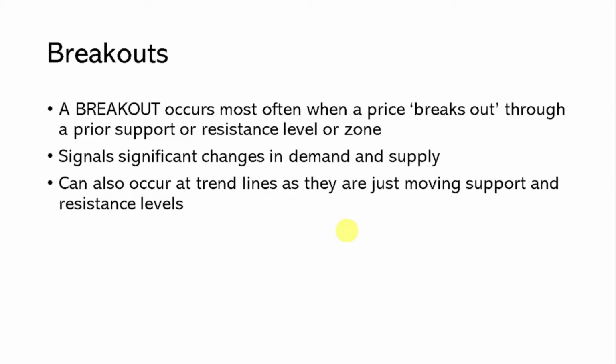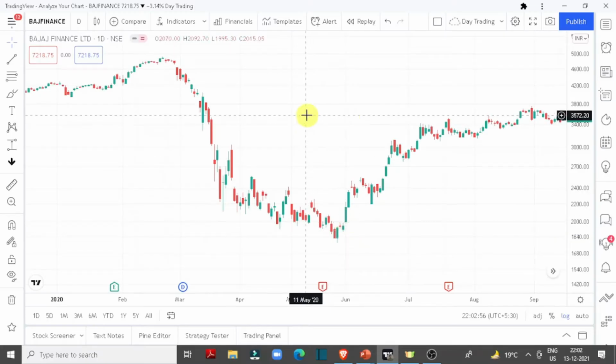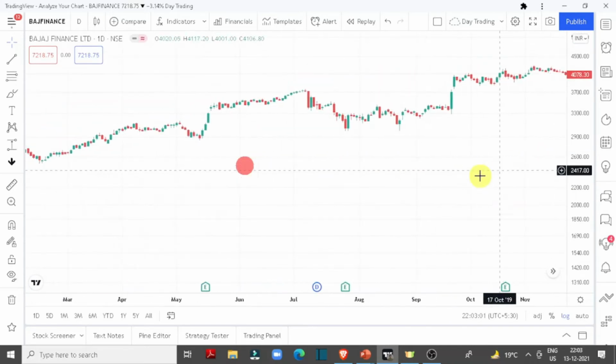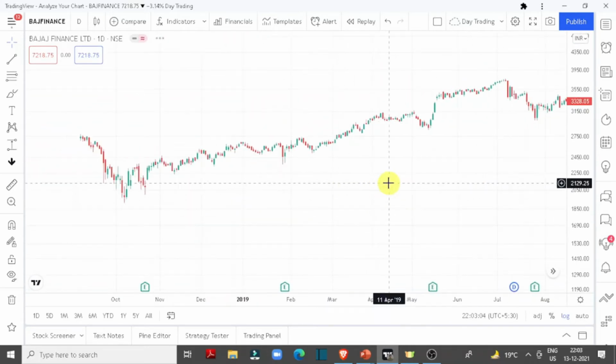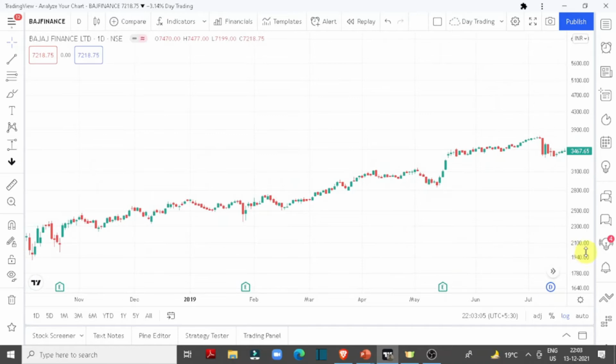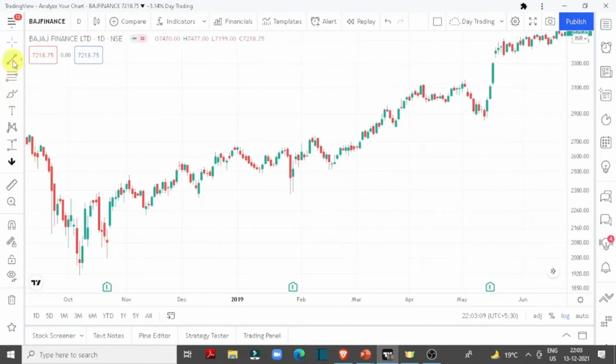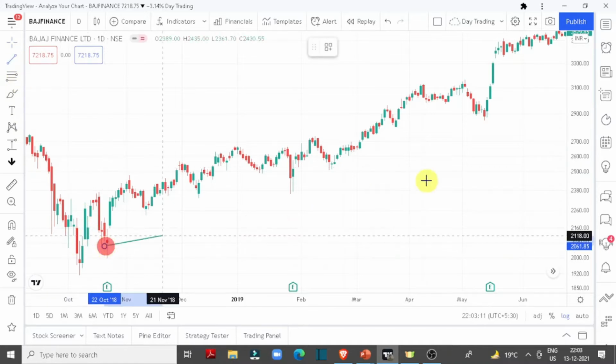So let's understand this breakout on TradingView. Right now I am in TradingView, and I would like to show you some examples of breakouts for your better understanding. Let's find a good example of a breakout. I think I have got one. Here you can see that the trend is up. Let me draw this line.